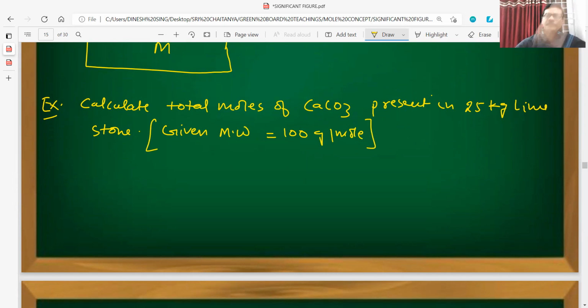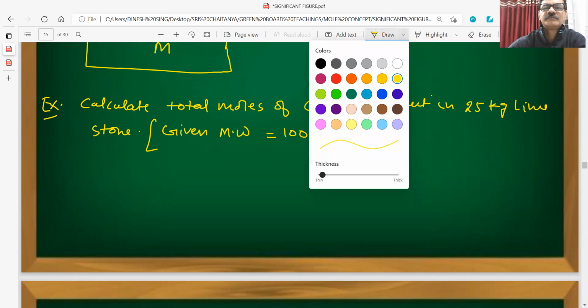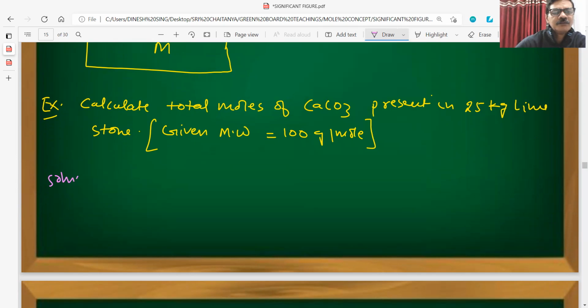So directly we can apply the formula: moles will become equal to weight upon molecular weight. So n will be equal to 25 kg. Again we have to convert this quantity into gram, into 10 power 3, divided by molecular weight, which is 100.